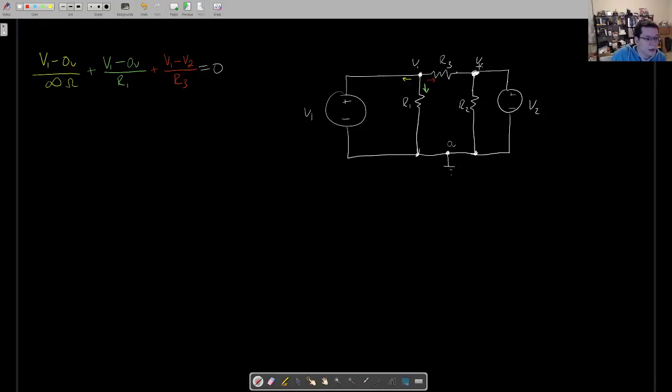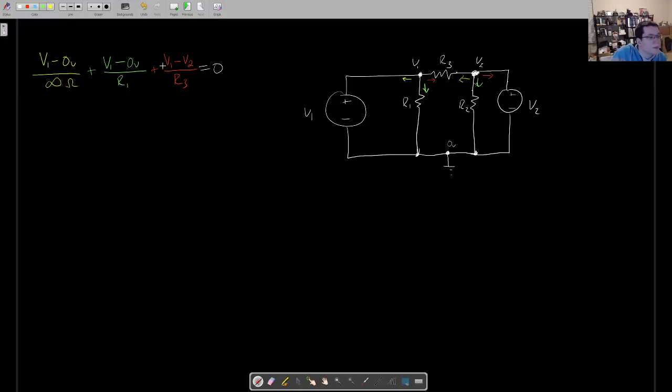Now we have to do the other one, because this is only describing part of the circuit. So now let's look at this guy and say, okay, we'll go that way, and that way.